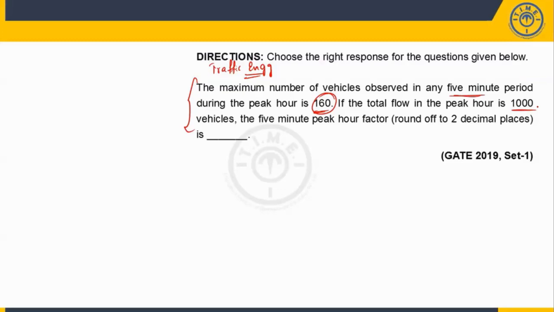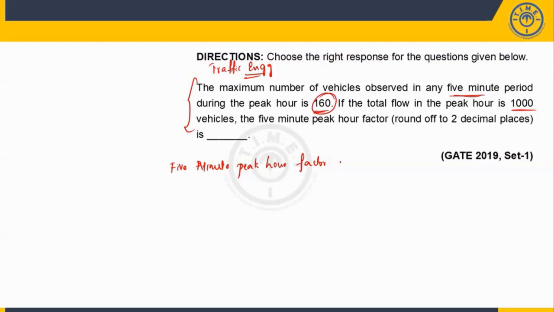What are we required to find? The 5 minute peak hour factor. Let it be the 5 minute peak hour factor; 10-minute or 15-minute peak hour factor doesn't matter to us.